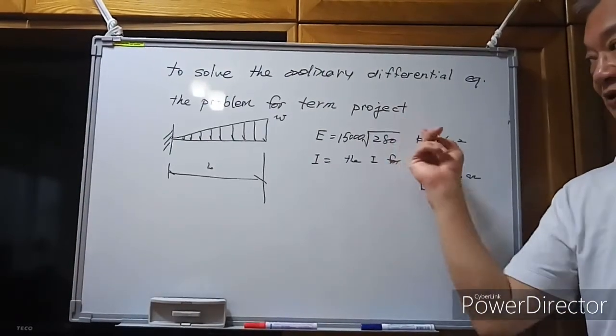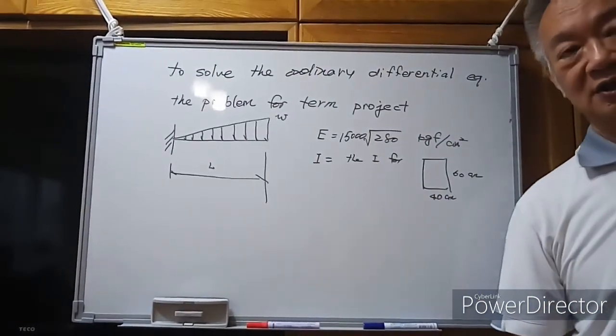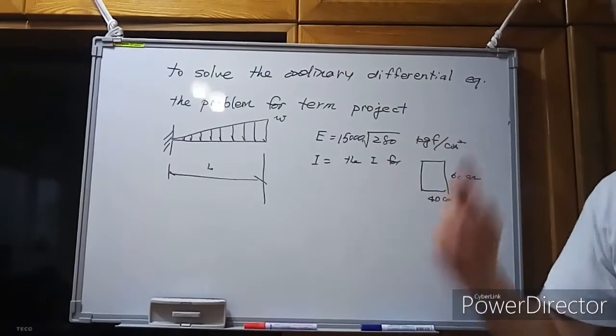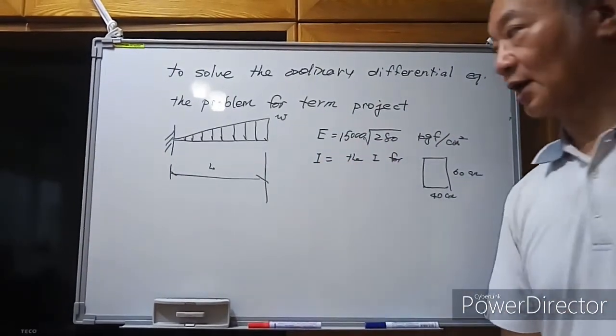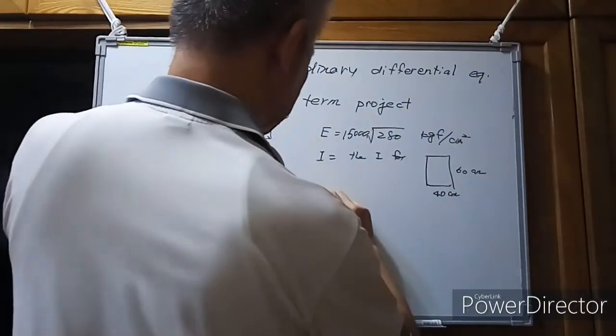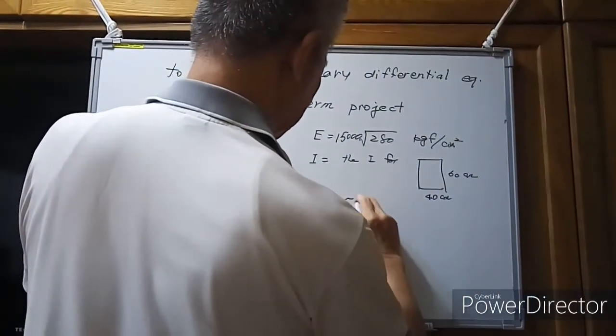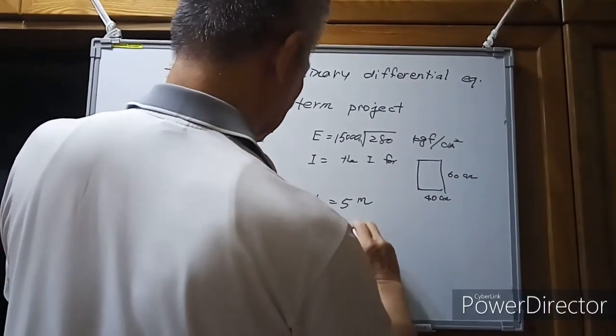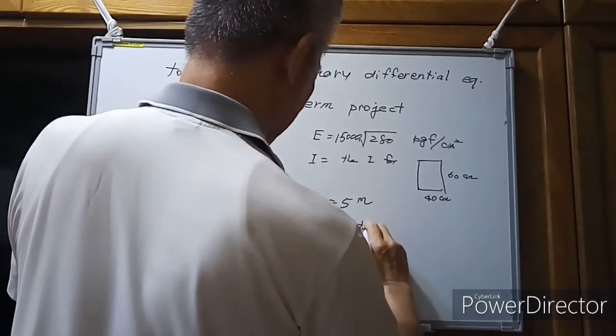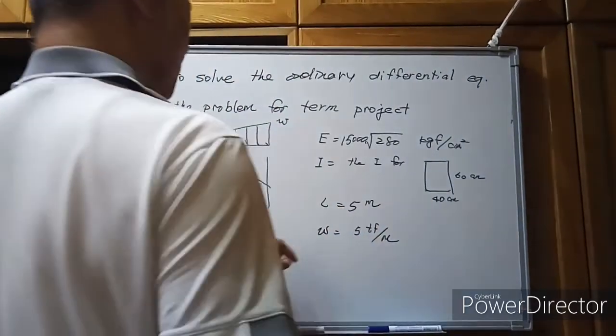That's the E value for concrete strength of 280. We know E and I and L. L is equal to 5 meters, and W is equal to 5 tons per meter.